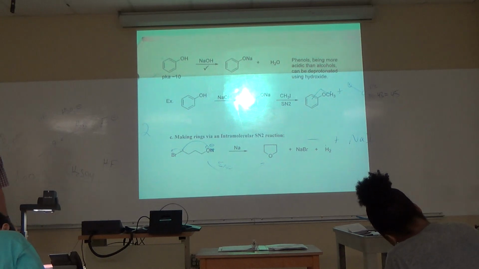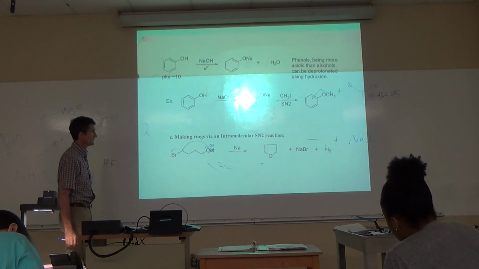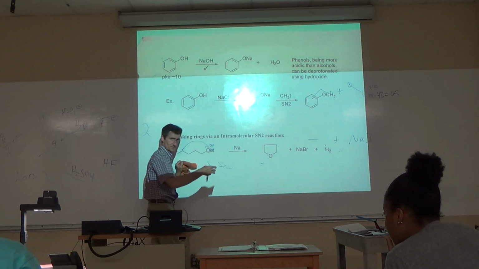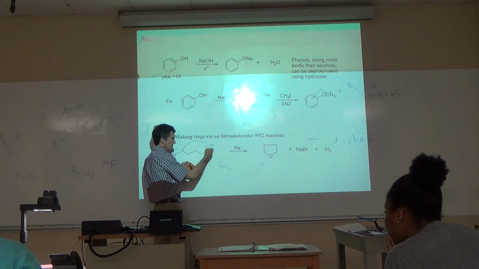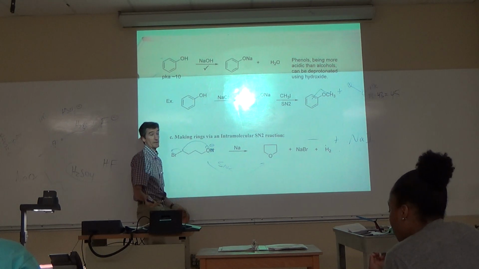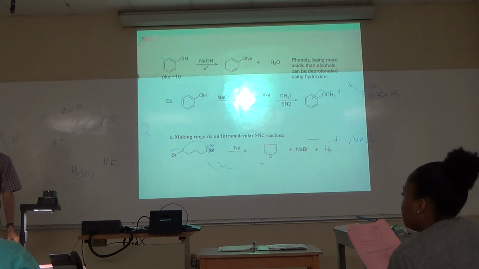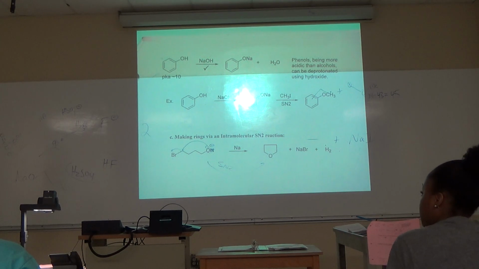I have a question. If we're showing this mechanism, do we just show it like this, or do we need to draw the whole thing? Well, the sodium deprotonation, or I would say conversion of this to the alkoxide, we didn't show a mechanism. Because that's redox, and redox reactions are probably radical reactions. We did not show a mechanism for the reaction of an alcohol with sodium.